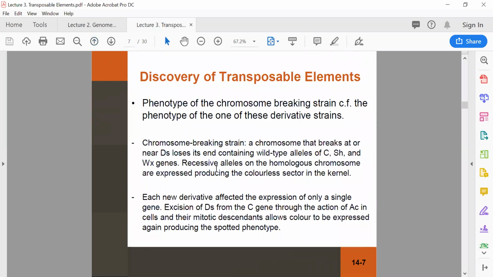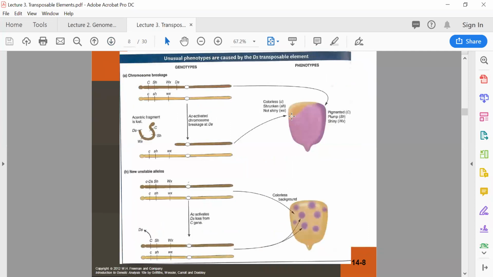When that happens, the recessive alleles on the homologous chromosome are expressed, and that produces the colourless sector in the kernel. Here's the colourless sector here. But not only colourless, expression of those recessive genes also results in these phenotypes here, shrunken and not shiny. But we were really focusing on kernel colour.